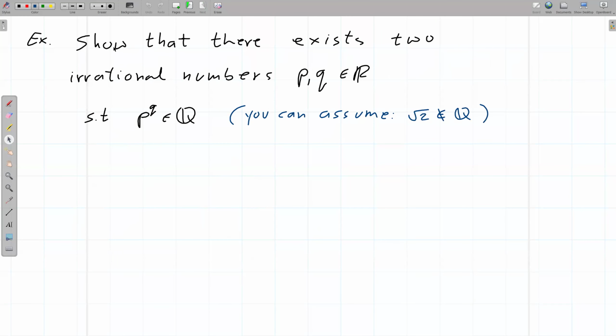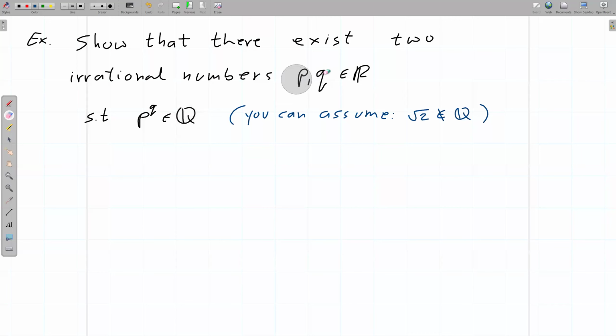Okay. Show that there exist two irrational numbers, p and q in R, such that, so these numbers are real. p and q are real, but they are not rational. So there exist two irrational numbers such that p to the q is rational.